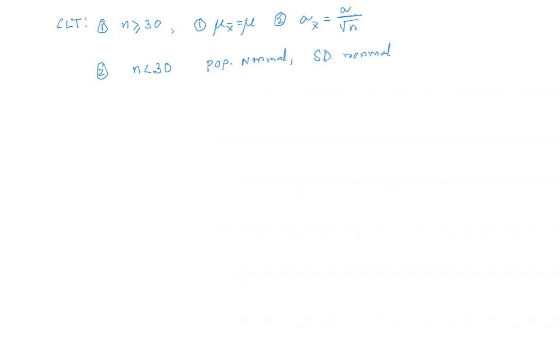And both of these conditions will hold true. That means mu sub x bar is equal to mu and sigma sub x bar is equal to sigma over the square root of n. And it doesn't matter what the sample size is if the population from which you're sampling is normally distributed.